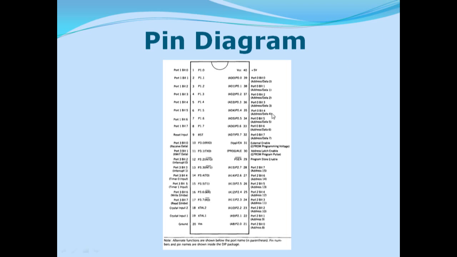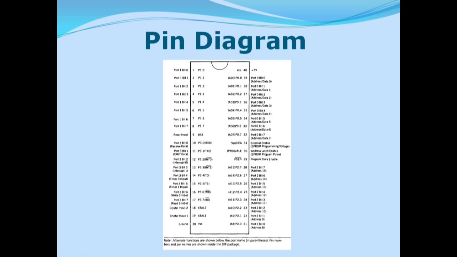To identify whether the bit stream on port 0 is an address or data, we have a function called ALE, address latch enable. When this pin is enabled, the bit stream on port 0 is considered as the address, and when this pin is disabled, the bit stream on port 0 is considered as data. These address and data pins are used whenever we are connecting external memory.